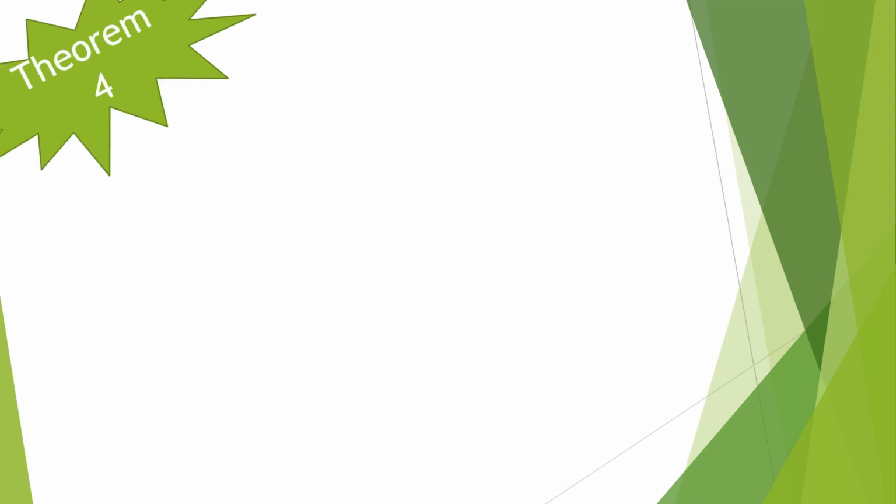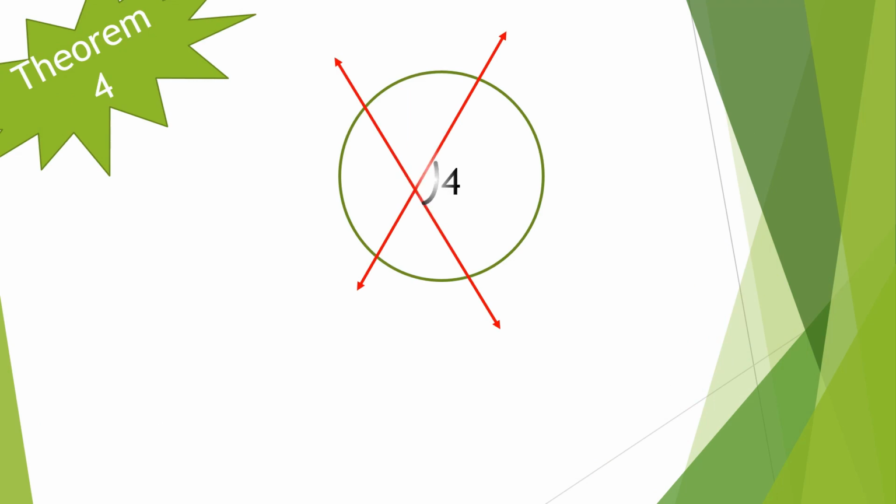How about theorem number 4? Theorem number 4, we have here a figure. Two secant lines meet at the point inside the circle, and it formed here angle 4. There are 4 angles here, but let's suppose we have this angle number 4. So how do we get angle number 4?